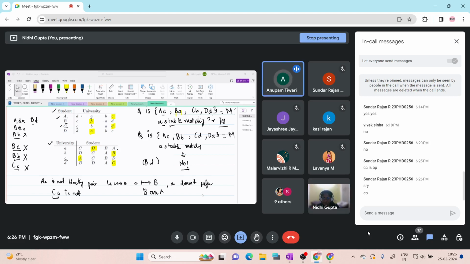Can we say DC, capital D and small c, is a blocking pair? No, capital D and small c is not a blocking pair because capital D is assigned A, which is better than C. So capital D won't be happy with this new choice. DC is also not a blocking pair.